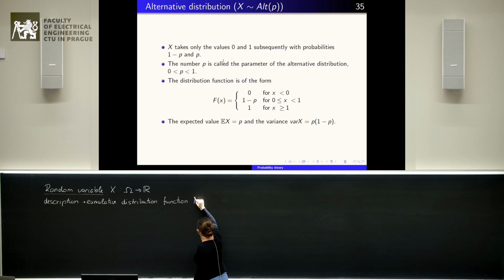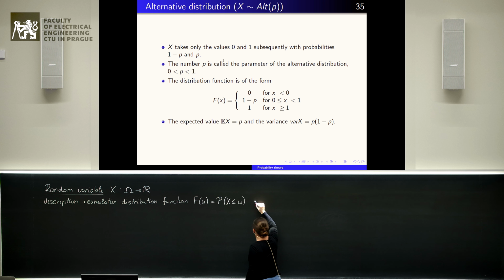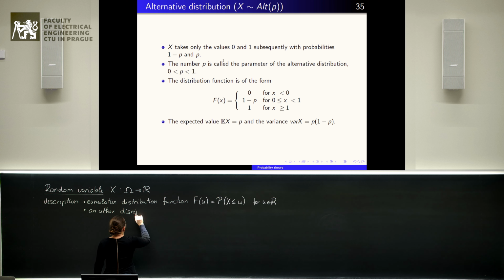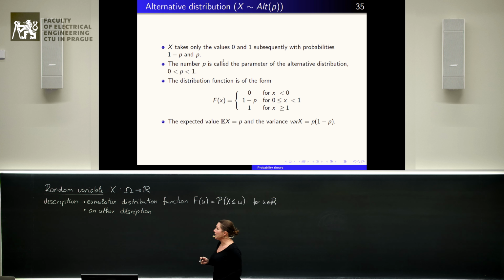which is a function F of real variable u, given by the description that it is the probability that X is less or equal to u for all real numbers u, or another description which depends on the type of random variable.